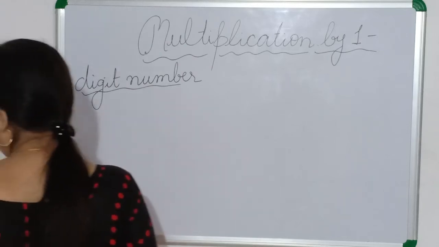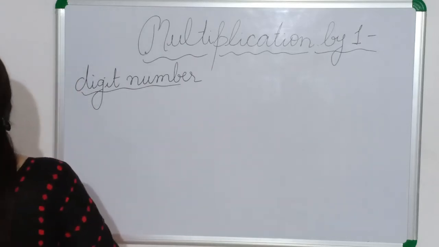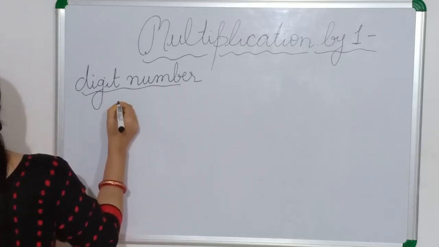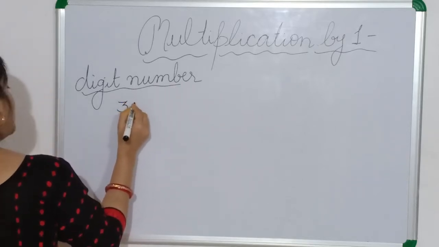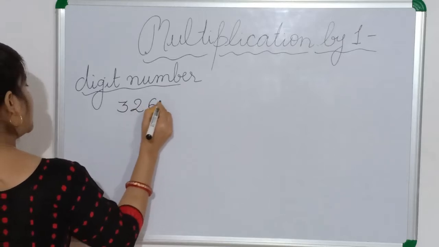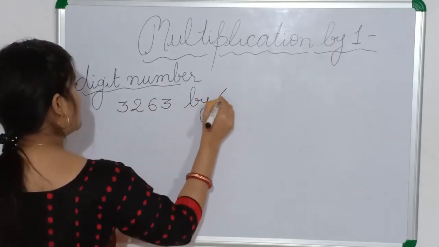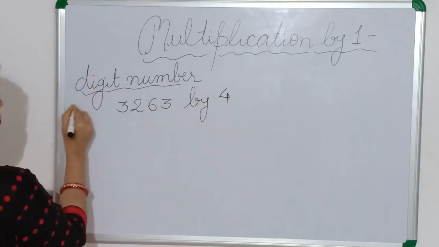We will take one example here. Multiply 3,263 by 4. I have taken one example.